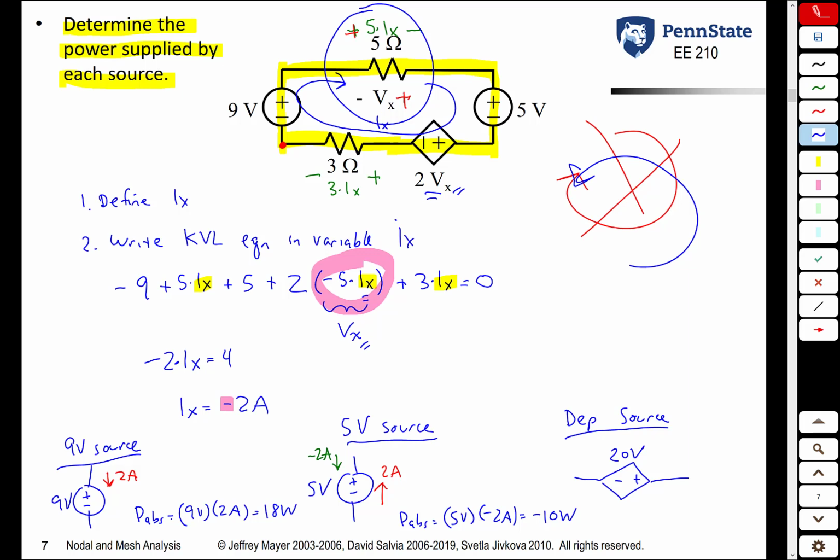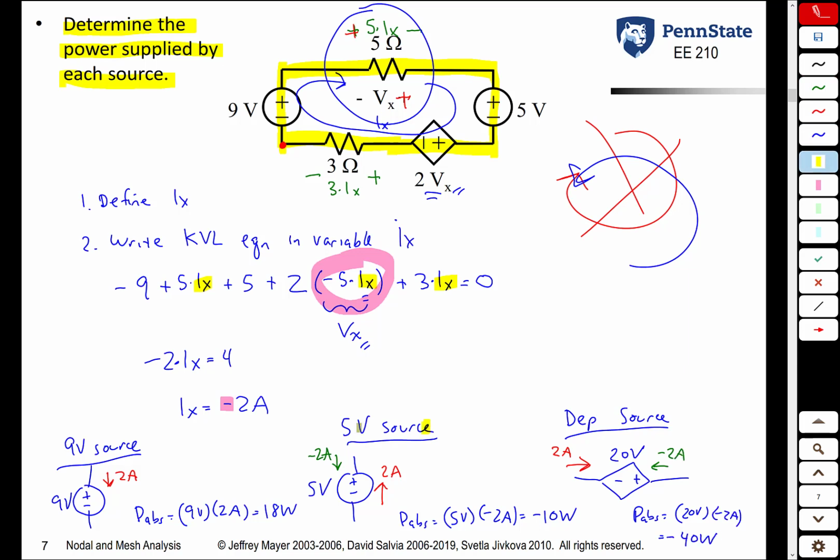So this source has 20 volts across it, with the right terminal being a higher voltage than the left. The current through this source goes in this direction, 2 amps. So its absorbed power is its voltage times the current into the plus terminal, which was minus 2 amps, or minus 40 watts.